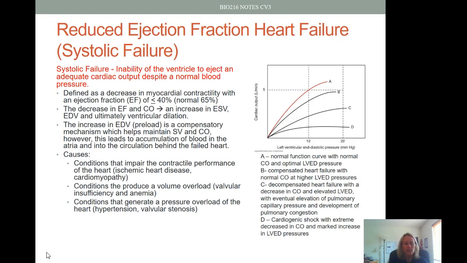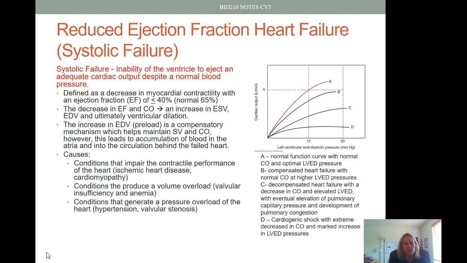Now this is caused by conditions that impair the contractile performance of the heart, such as with ischemic heart disease or cardiomyopathies. It is also caused by conditions that produce a volume overload. For instance, a valvular insufficiency, or with anemia where we have to pump out a greater volume of blood. Or conditions that generate a pressure overload of the heart, such as hypertension and valvular stenosis.